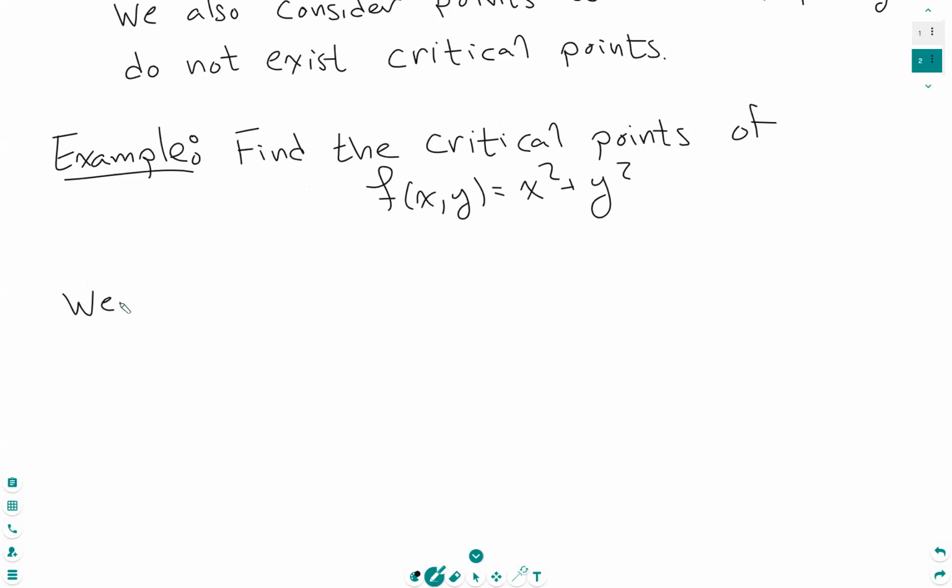Well, the first thing to do is look at each of their partial derivatives.